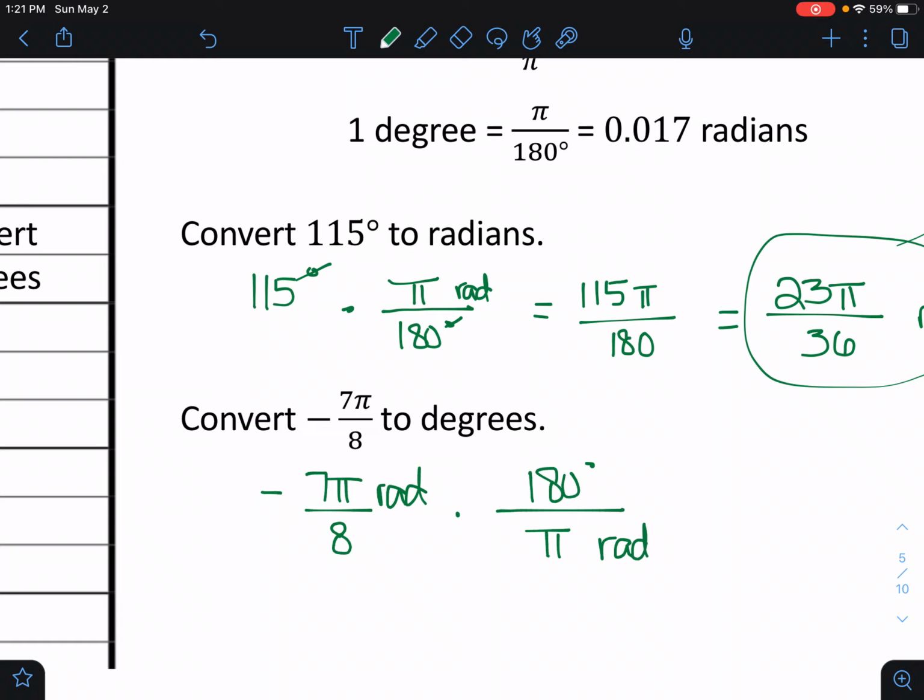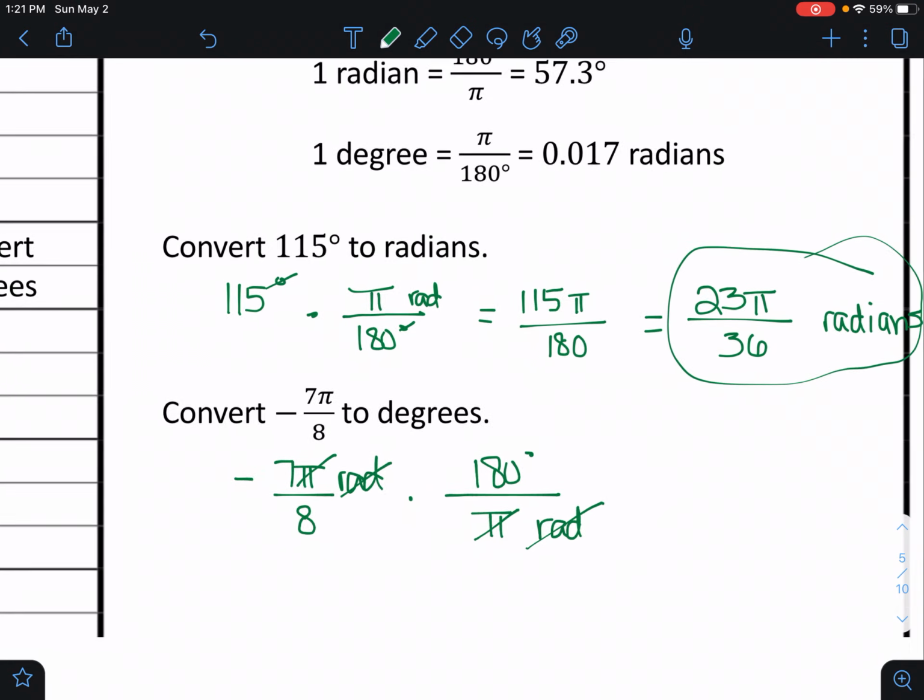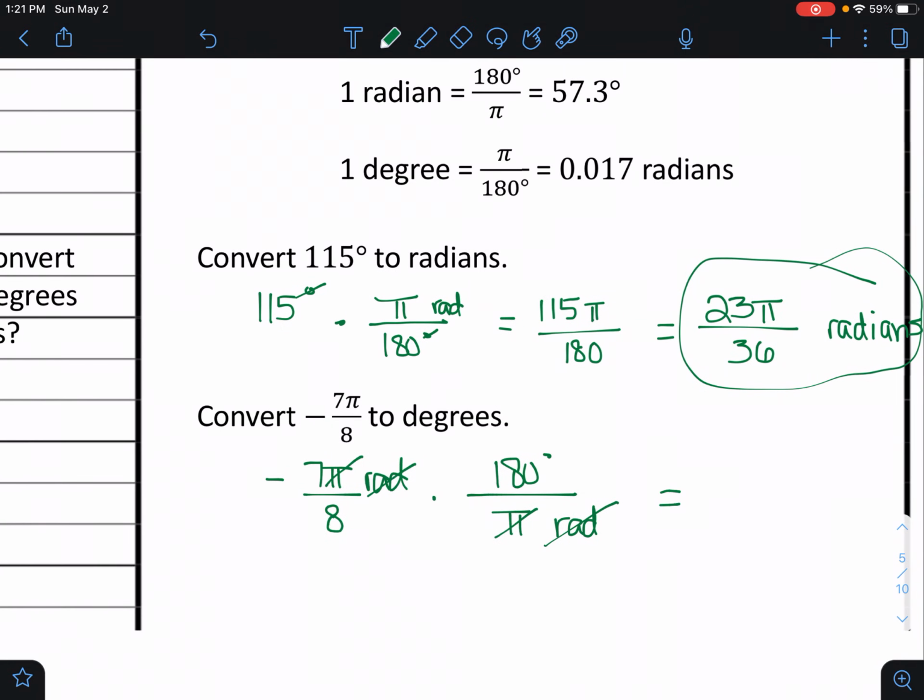The pi is going to cancel, the radians are going to cancel, and I'm just left with, this is negative, 7 times 180 on the top, and 8 on the bottom. So let's do that.